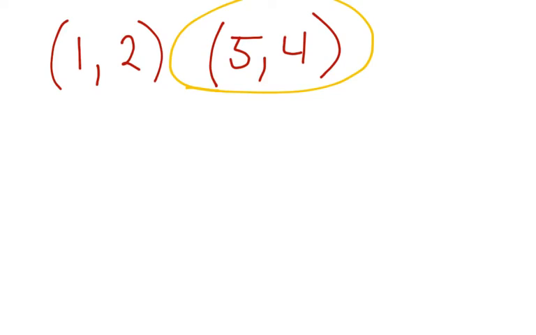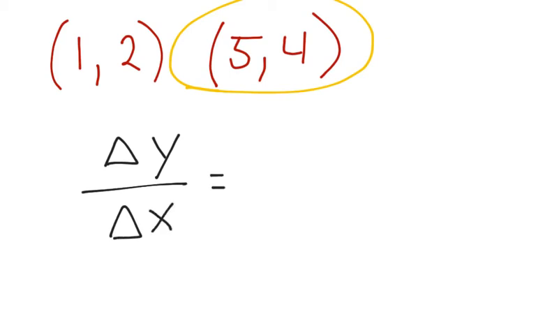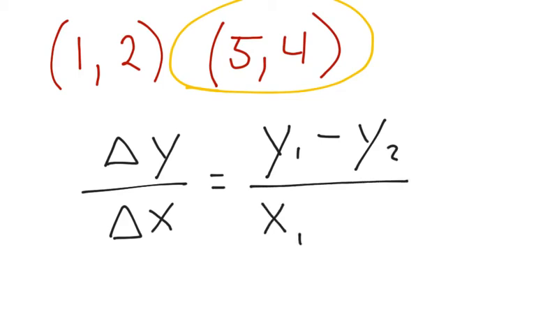I need to remember the slope is the change in y over the change in x. So that means y1 minus y2 over x1 minus x2. And that just means you're subtracting each of the y's and each of the x's. So we'll call this 1, and we'll call this 2.